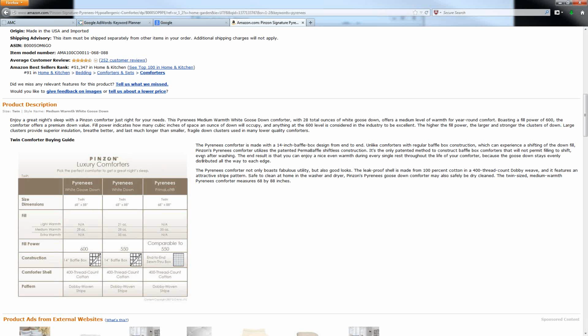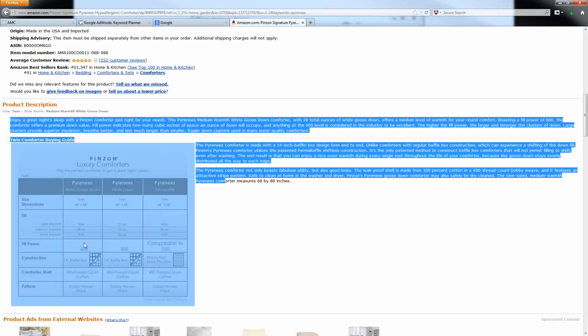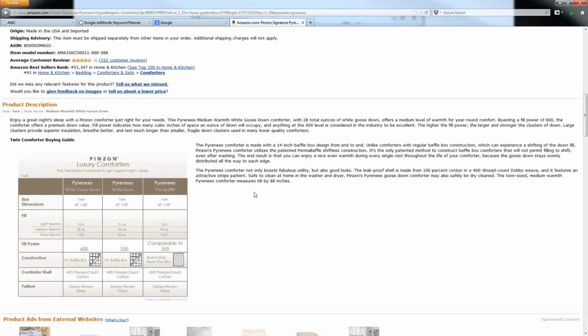If you were creating an advertisement for this page and you included the product description in that advertisement, then it would show all of this text and even this comparison chart in that product listing that was built with my plugin. So from a legality standpoint, yes, it is okay to use these as long as they're within this product description area and as long as they're unaltered.